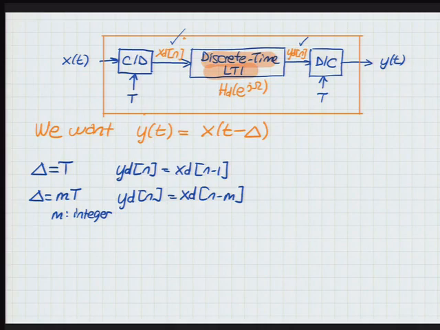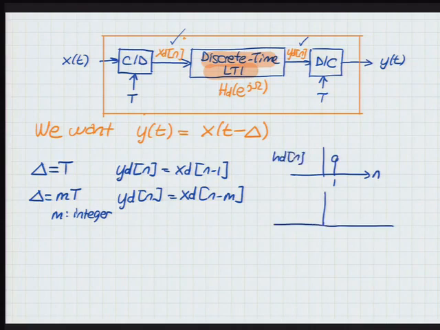Okay, so for delta equal to T, the impulse response of the discrete time system would have been just an impulse at 1. That would be hd of n. Or to generalize, if delta is m times T, the impulse would come at time equal to m. So that's hd of n, and then we'll be done.